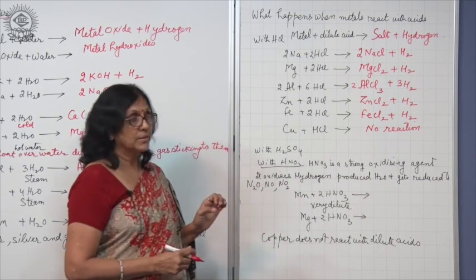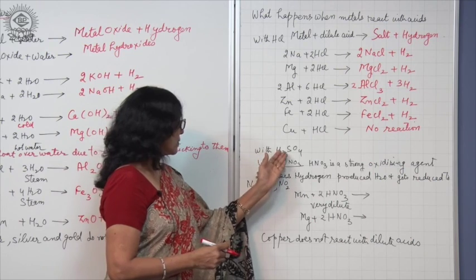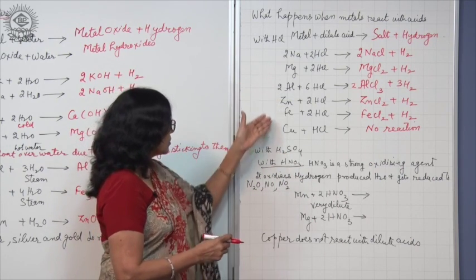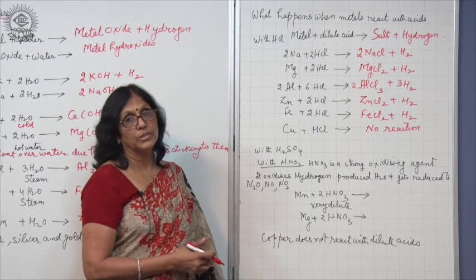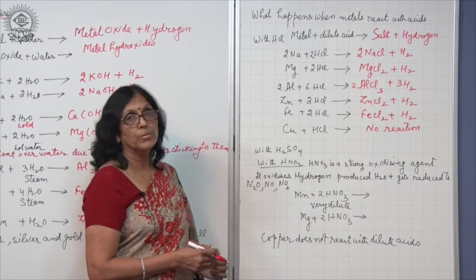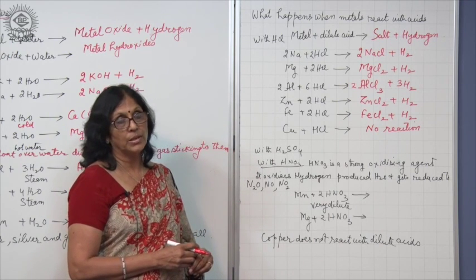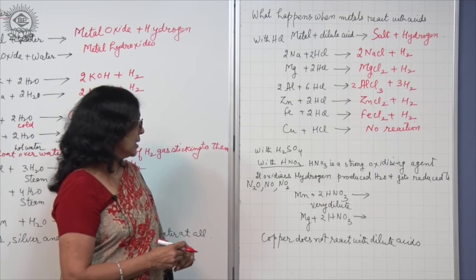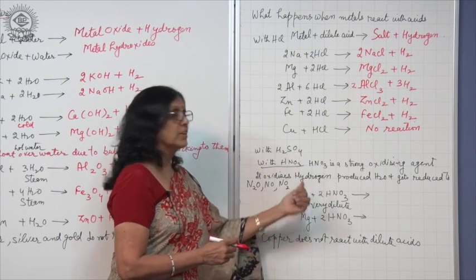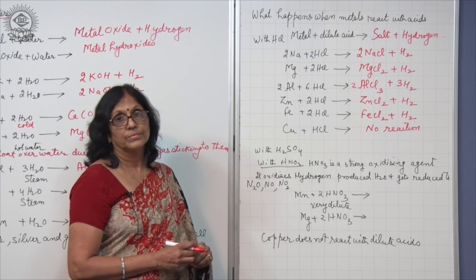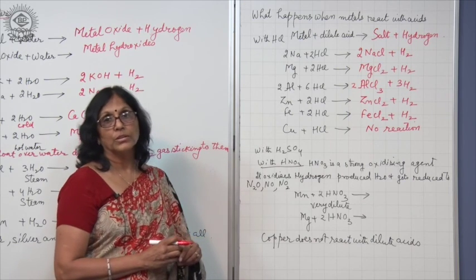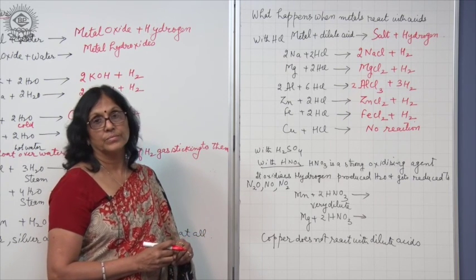In the same manner, you can write the equations of the various metals with sulfuric acid yourself. Various salts will be formed and hydrogen gas will be liberated. Nitric acid: most of the metals do not react with nitric acid because nitric acid is a very strong oxidizing agent.